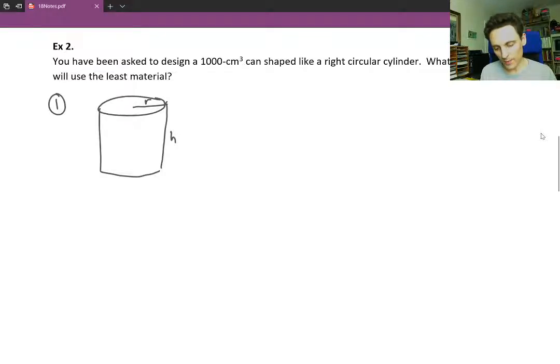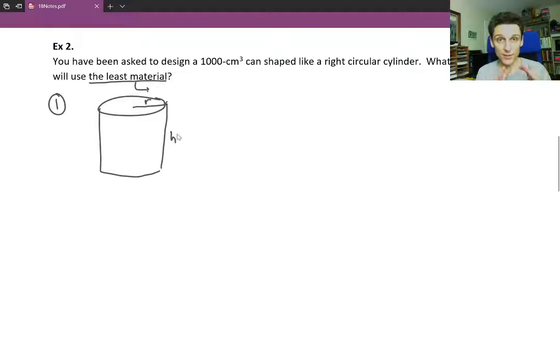It says, what dimensions will use the least material? Well good, we have the dimensions r and h. So we're going to have to figure out what r and h are that will make us use the least material. Now the material that it's talking about, the least material, that means the material that's used to make the can. Not the stuff that's going inside the can, just the material that's used to make the can.